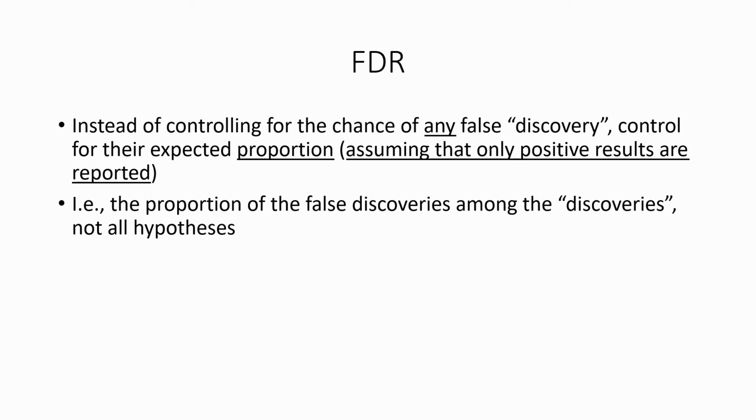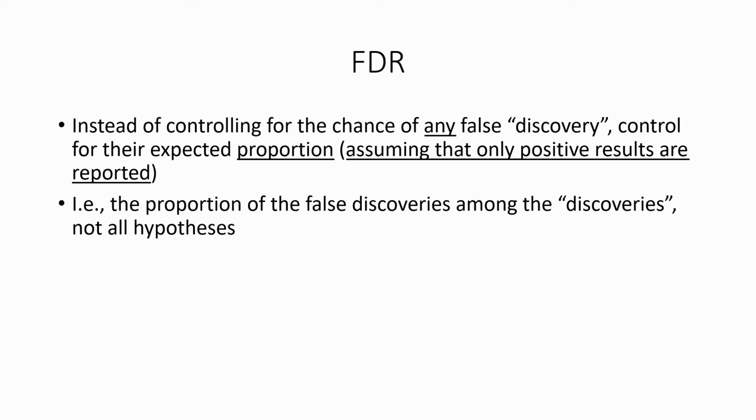So what we mean by proportion is the proportion of the false discoveries among the overall discoveries. And by discoveries, we mean anything that we report, whether it's a false discovery or a true discovery, whether it really has a true signal within it, or it's just random noise.